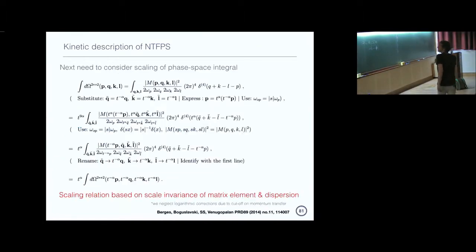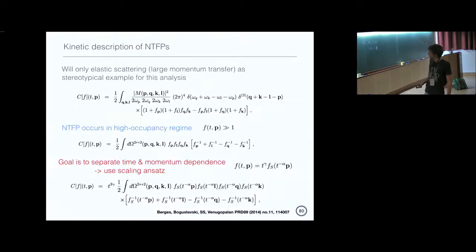Then you play a couple of tricks. I'm going to be rather brief here, but you can work this out if you want. Basically you do a few scaling transformations. You want to do a scaling transformation of this integral measure, which is what is written up here, to get rid of these t to the alpha factors everywhere.